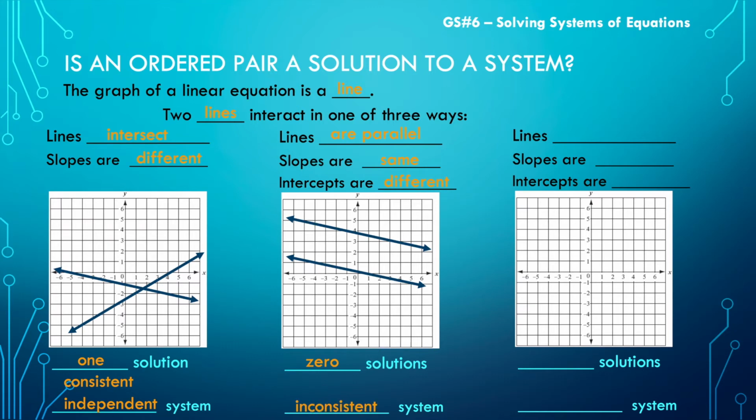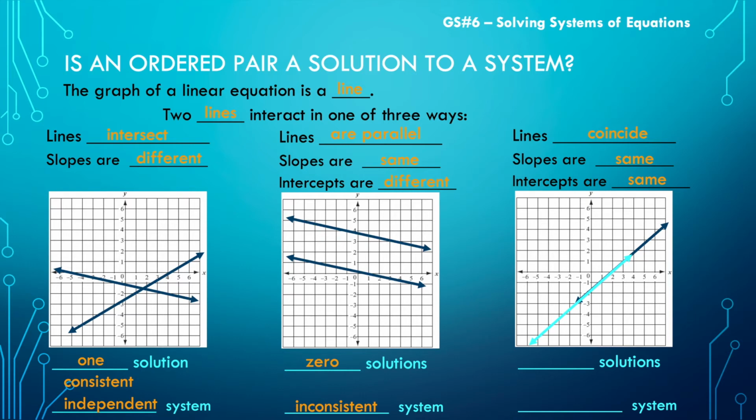And then the last way that two lines can interact is if they coincide. It is often said that lines coincide when one lies right on top of the other. So their slopes are the same, their intercepts are the same, and you would be graphing the same line twice if you were to graph the equations of these types of lines.